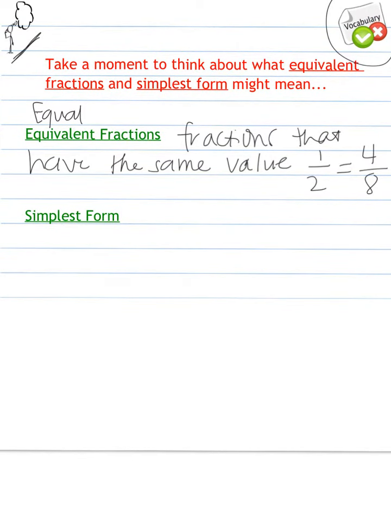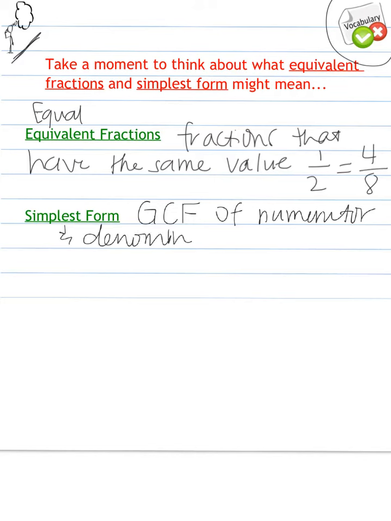Now, simplest form. Simplest meaning can't be reduced anymore, and this is when they have a greatest common factor of both the numerator and the denominator, so the top number and the bottom number, are both 1.